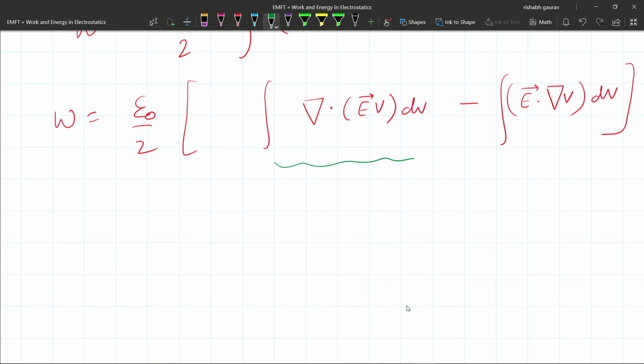For this particular integral, let us apply the Gauss divergence theorem.